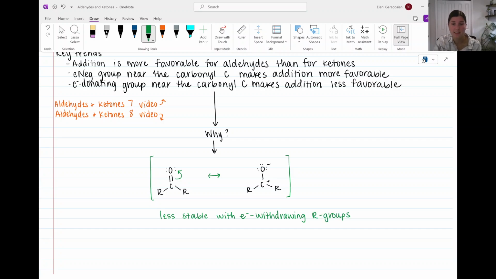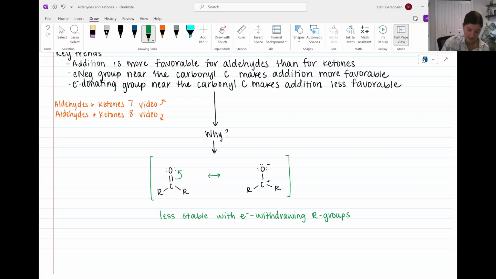The molecule is less stable with electron withdrawing R groups because the carbonyl carbon is already lacking electrons. We can see that through the resonance structures. So the carbonyl carbon's already lacking electrons. If we also have electron withdrawing R groups, we have even less electron density around the carbonyl carbon.